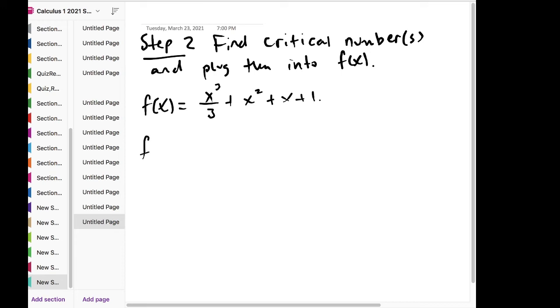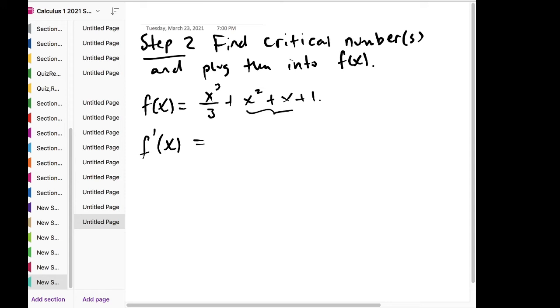So someone tell me what the derivative is? Yeah, 2x plus 1 is this bit.